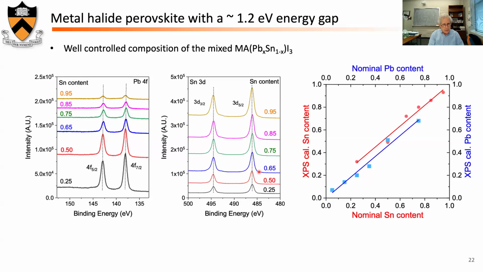So we have very good control on the composition of the mixed compound, and these are XPS data for the lead core level and the tin core level, going up and down depending on the concentration. And here you have the calibration for both materials as a function of nominal tin or lead content. So this is very well controlled.